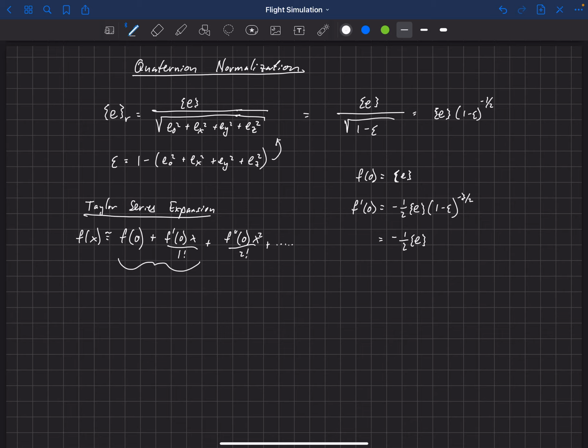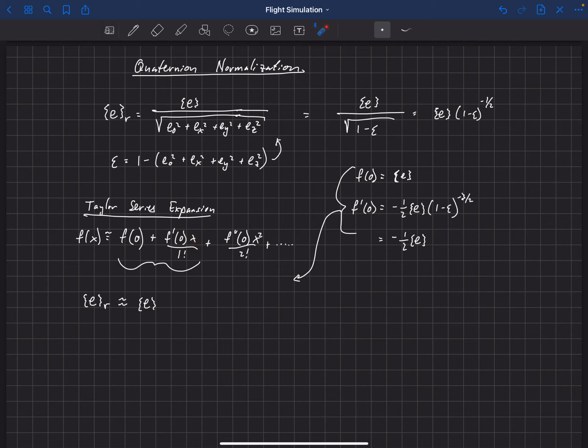Okay, so let's plug both of these into this equation here. Remember, this is the function that we're trying to approximate, our renormalized quaternion. The approximation is equal to f of 0, which is just e, plus f prime at 0 times x, which is epsilon in our case.